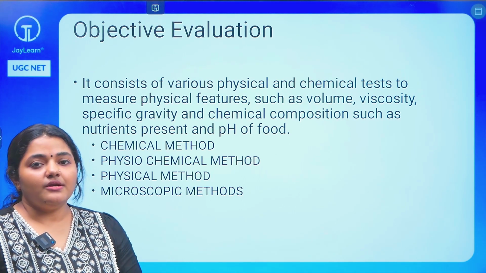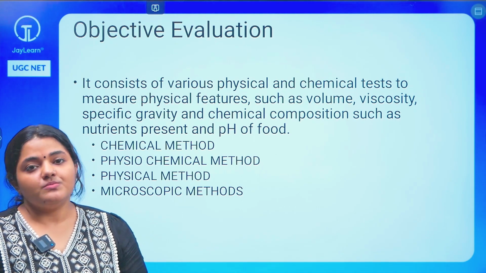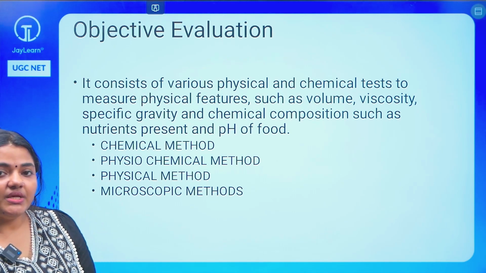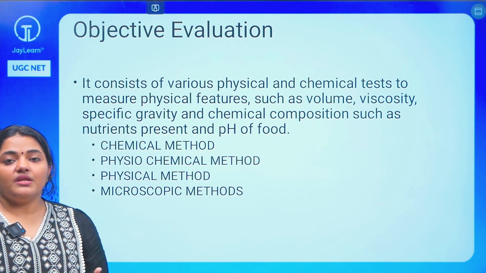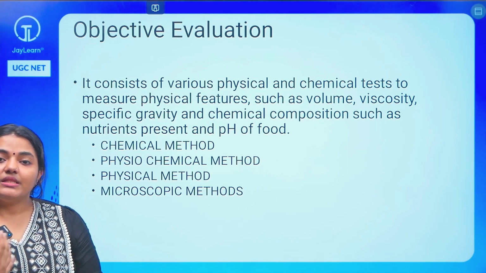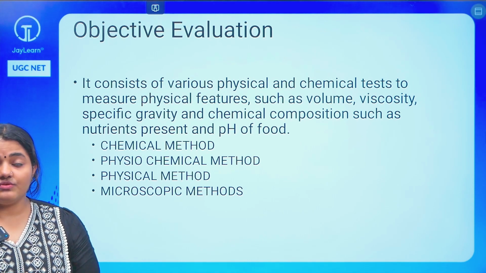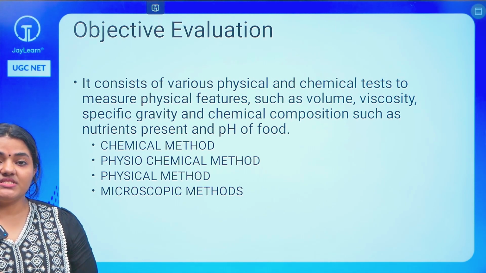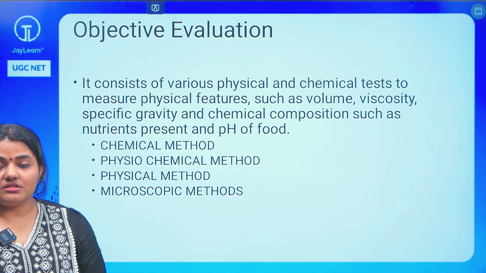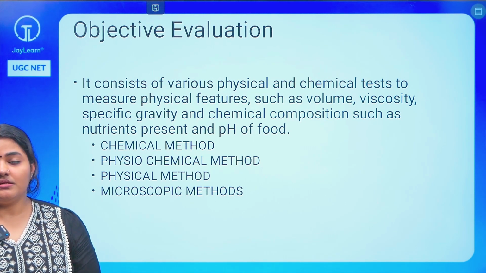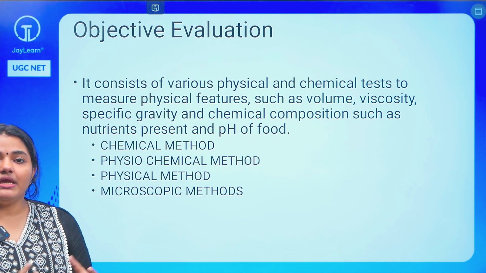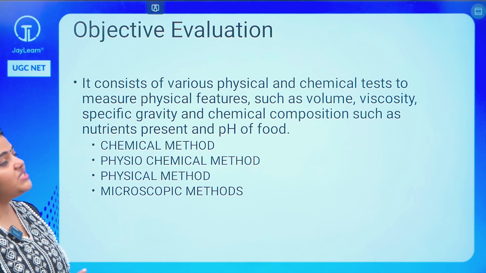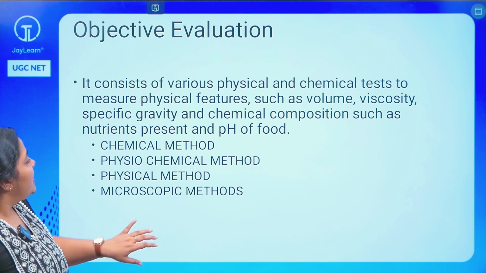All those tests are done using objective evaluation, where we get the nutrient concentration present in the food, the pH of the food, how the texture of the food is, whether the food is viscous or not, the concentration of butter, fat, everything we will be able to understand with objective evaluation.